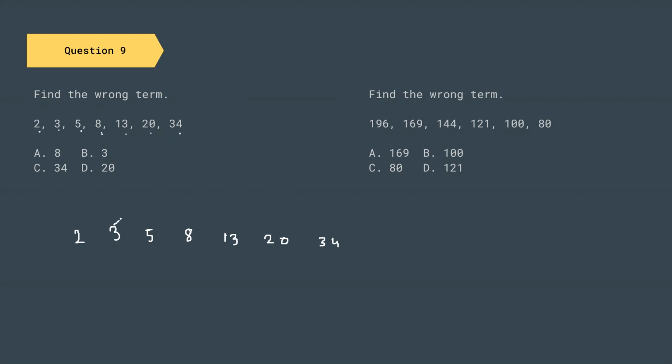So this is 3 plus 2 is 5, 5 plus 3 is 8, 8 plus 5 is 13, 13 plus 7 is 20, 20 plus 13. One thing that you can see from these numbers is that if we add two numbers, we are getting the third term.